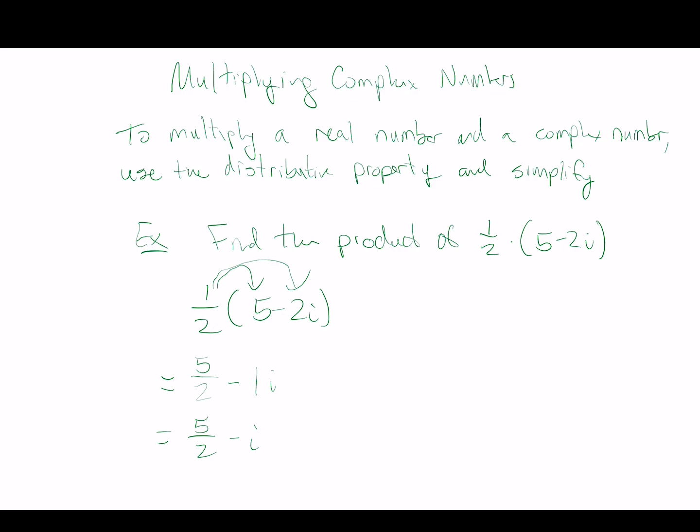So all we did was multiply the real number times the real part, and then the real number times the imaginary part of the complex number. And we'll find very similar things when we multiply complex numbers together. We end up having to double distribute like we would with a binomial, and we'll discuss that shortly.